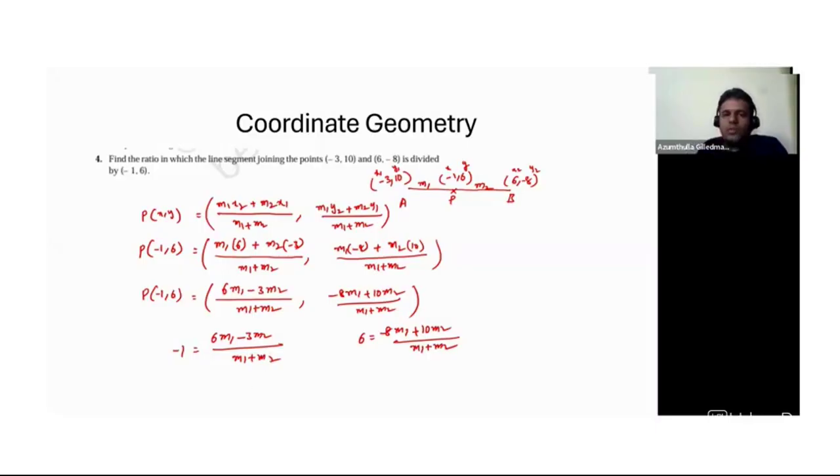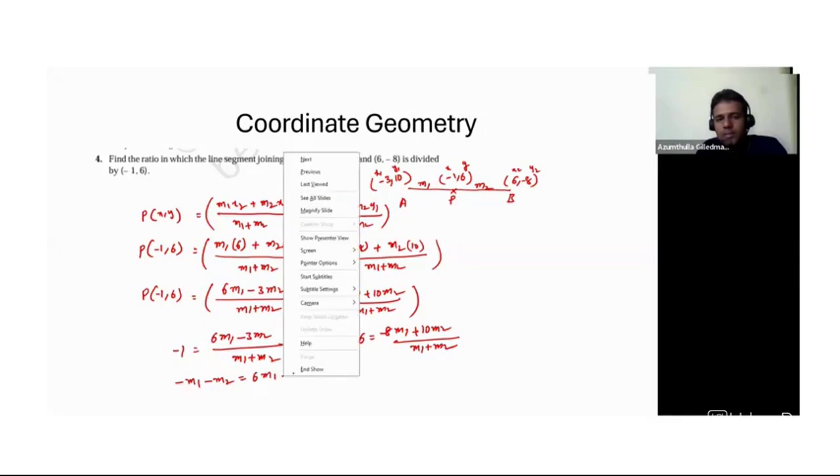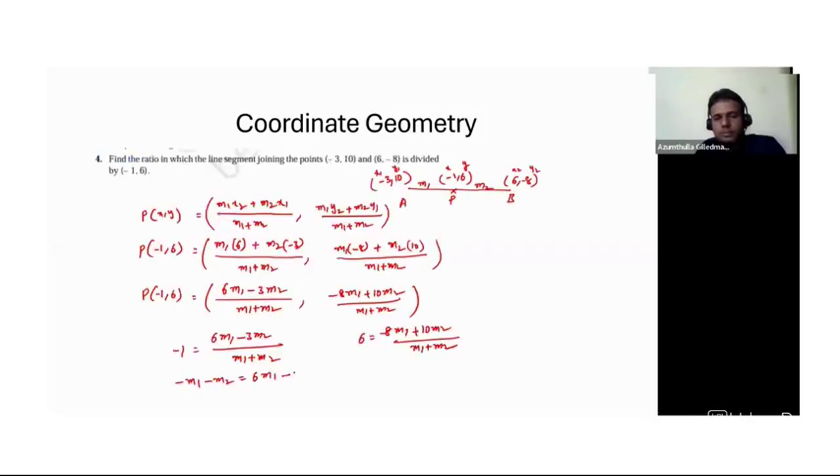Right? Now, if you simplify, you'll get the answer. So let's multiply with -1 here. So this becomes -m1 - m2 equal to 6m1 - 3m2. Yeah, I think if you simplify one, you will get the answer.